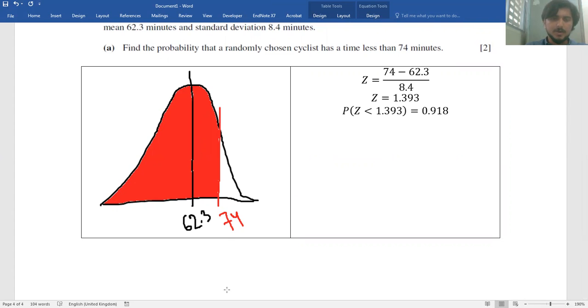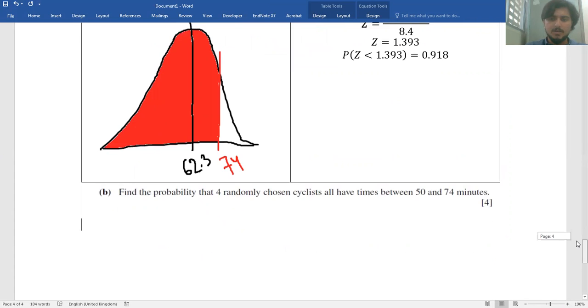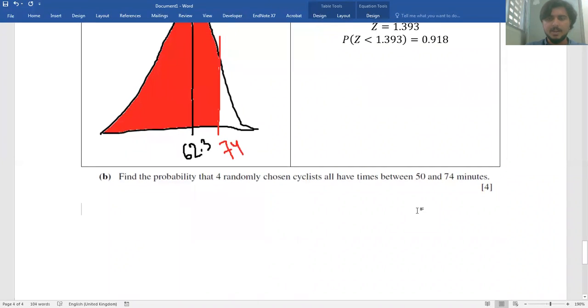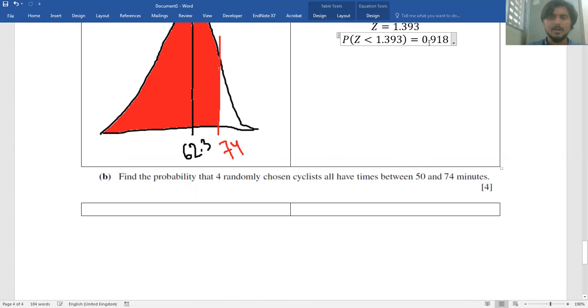Moving on to the second part, find the probability that 4 randomly chosen cyclists all have times between 50 and 74 minutes. So let's talk about a single cyclist first. We know the area or the probability that lies when it is before 74. So now we need to find the probability that the cyclist time is between 50 and 74.